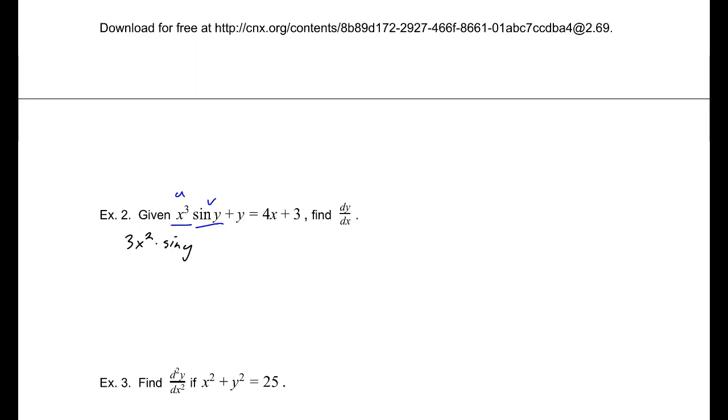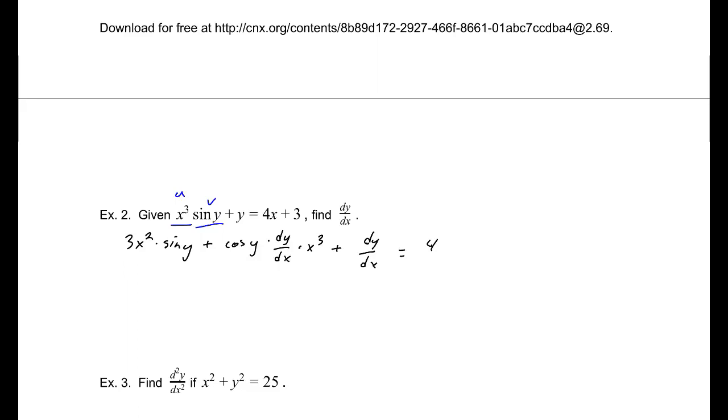We did not take the derivative of the sine, so we'll leave it alone. Plus the derivative of sine y is cosine y. So we need a dy/dx. We took the derivative of a term with a y in it. All right, times, we don't take the derivative of that this time, just x cubed. Plus the derivative of y, which is dy/dx, equals 4 on the right side. The derivative of a constant is 0, the slope of 4x is 4.